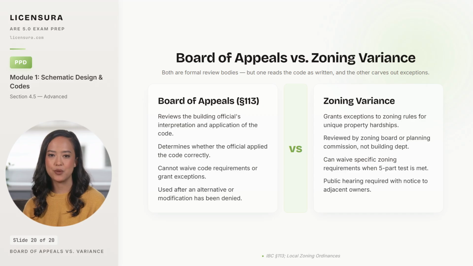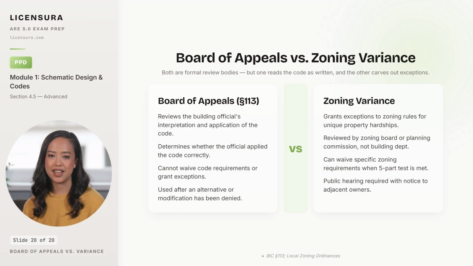The board determines whether the official applied the code correctly, and its decision either upholds or overrules the official's reading. Critically, the Board of Appeals cannot waive code requirements or grant exceptions. It can only determine whether the official was right or wrong on the specific reading. The board is the right path when an alternative materials request under Section 104.11 or a modification request under Section 104.10 has been denied, and the architect believes the denial was incorrect.